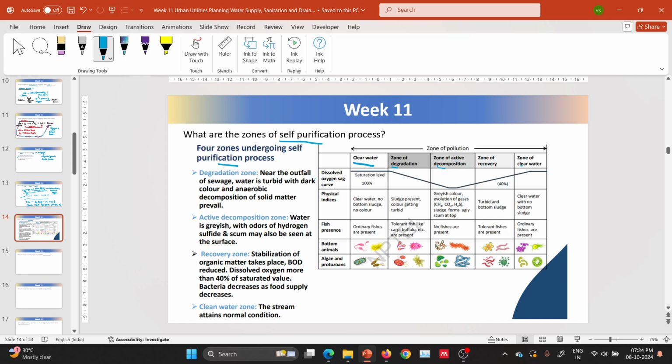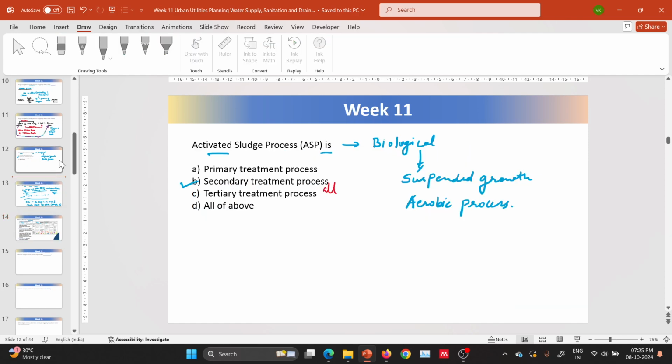In the first section, this is the DO level. During the zone of degradation, the DO level is getting decreased, and then in the active decomposition zone, it reaches the minimum DO level, and then after a certain distance, you can see it like this.